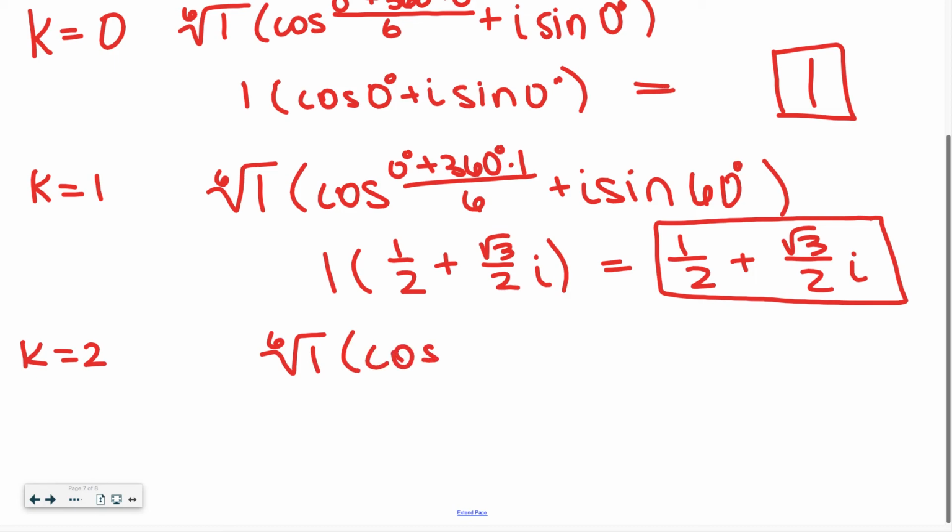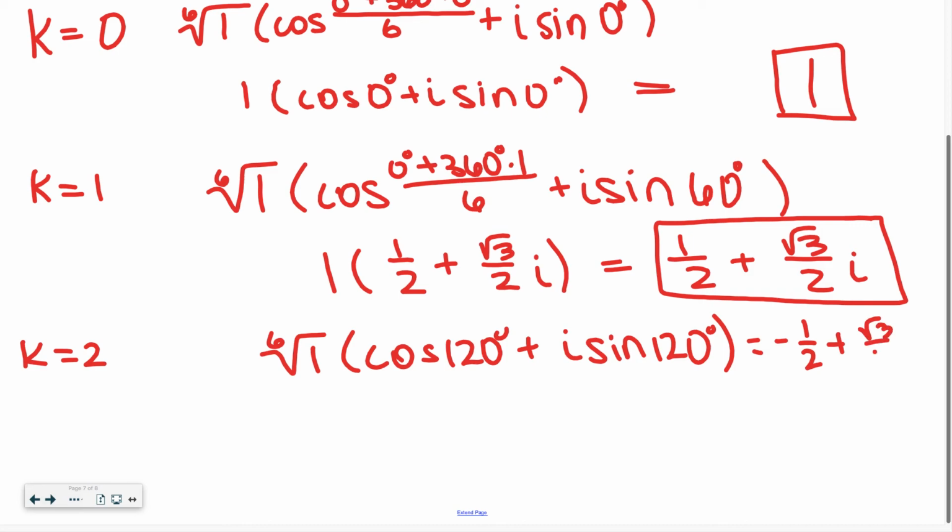So at k equals 2, instead of plugging into the formula, we just know it's going to be 120 degrees. Okay? So we would get negative 1/2 plus radical 3 over 2i. And then we would know that at k equals 3, our angle would be 180 because that's another 60 degrees.